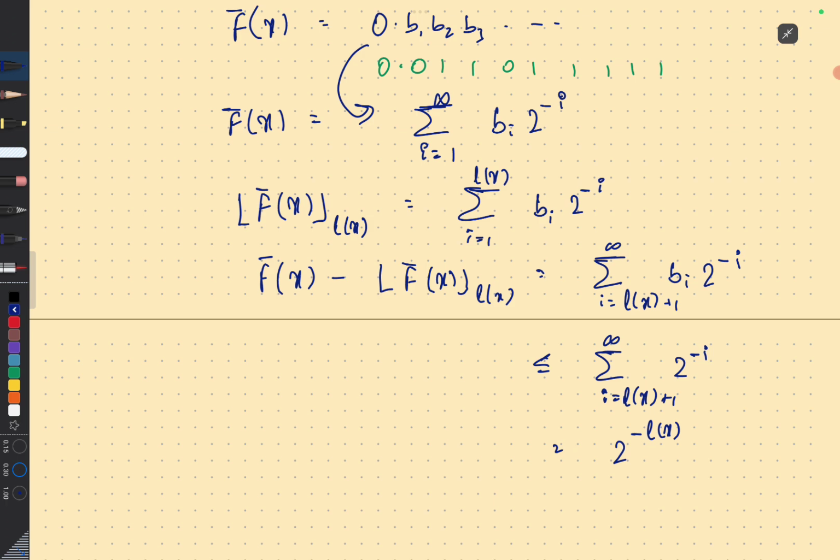And here is a simple decoder. If c of x is less than or equal to f bar of x, but greater than or equal to, and maybe strictly greater than, f bar of x minus 1.